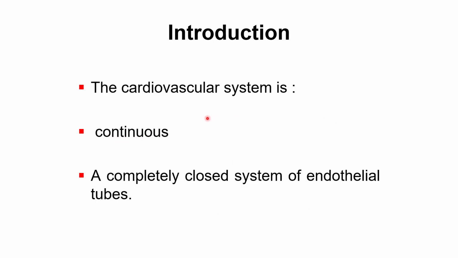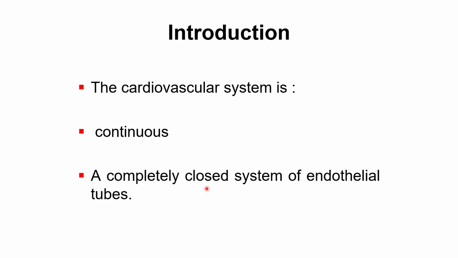Like any system in the body, it is formed of organs. The organs here are the heart and the vessels, and they are all continuous with one another. It's a completely closed system of networks of tubes that is lined by endothelial cells.